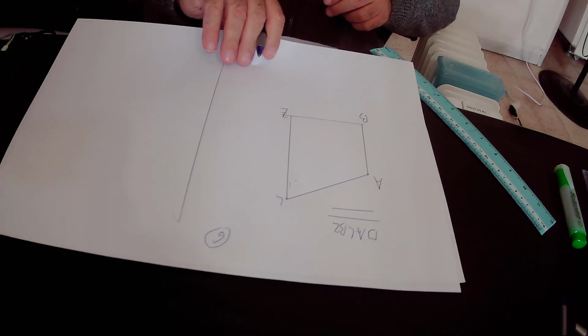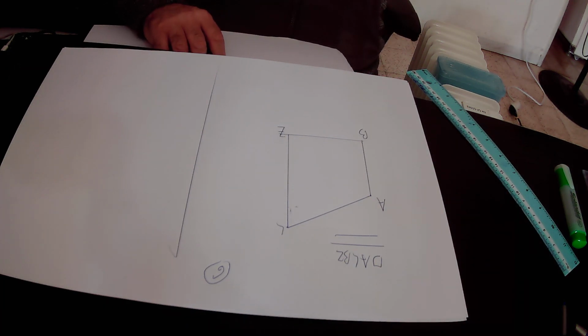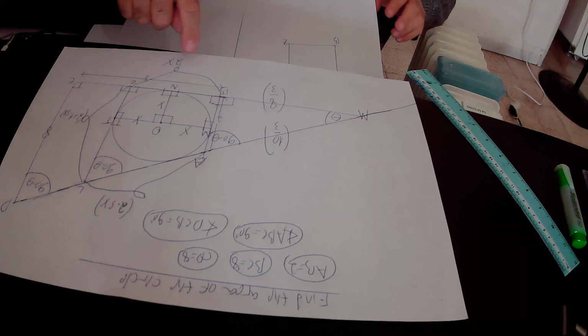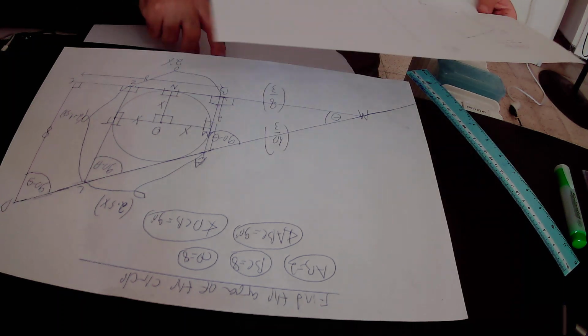So actually this is quadrilateral ALBZ that I copied from the original drawing. This quadrilateral ALBZ blocks a circle. This is the circle that the quadrilateral blocks, so I copied the circle in the new drawing.